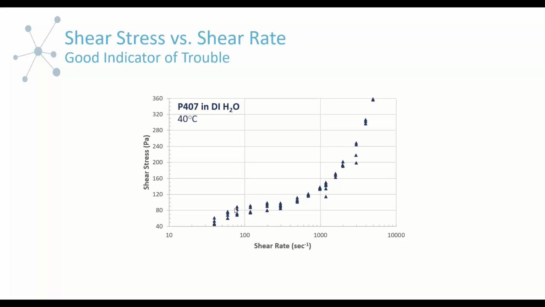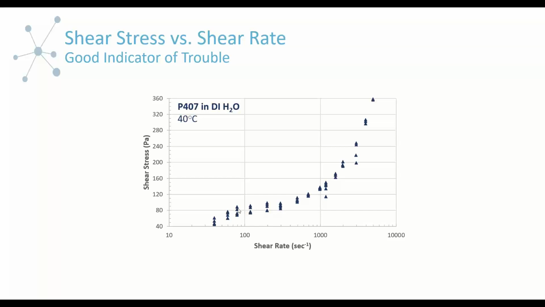So a homogeneous fluid, as you continuously deform it at a higher and higher rate, you should not see this independence of shear stress as a function of shear rate. You should see more of this continuous, monotonically increasing shear stress as a function of shear rate. So one of the signs that you have some unusual behavior is this independence of stress on shear rate.